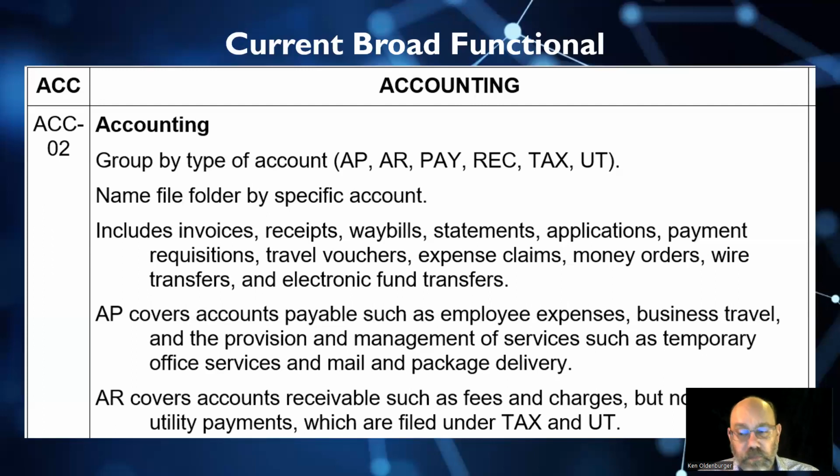So accounting is the function. The focus is on accounts payable, accounts receivable, payroll, reconciliation, taxation, utilities, that sort of thing. So once we have them grouped by those different subcategories, then we go ahead and name the file folder by the specific account. So we have some really good instructions on how to arrange and how to name files that are going into this secondary.